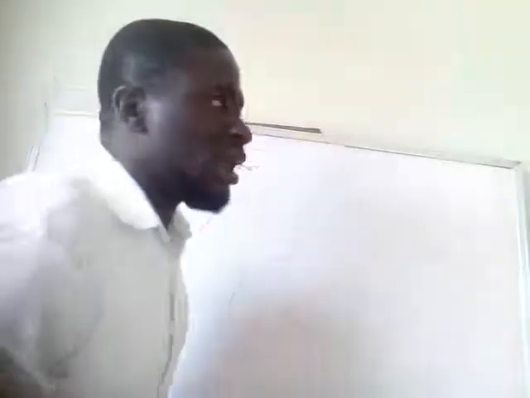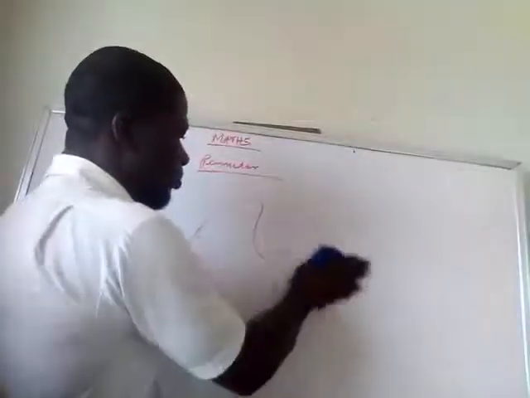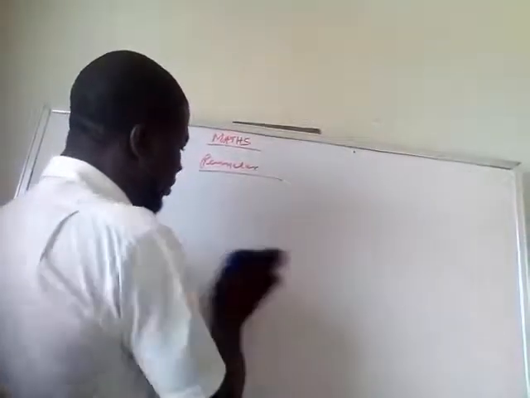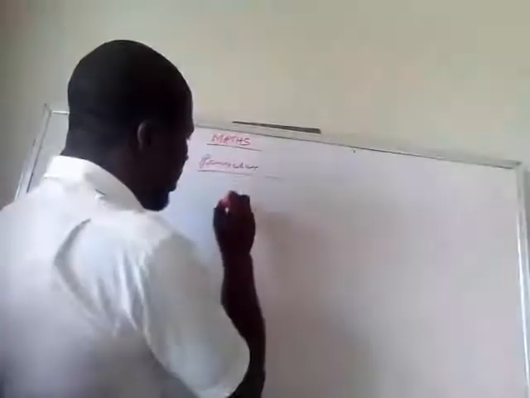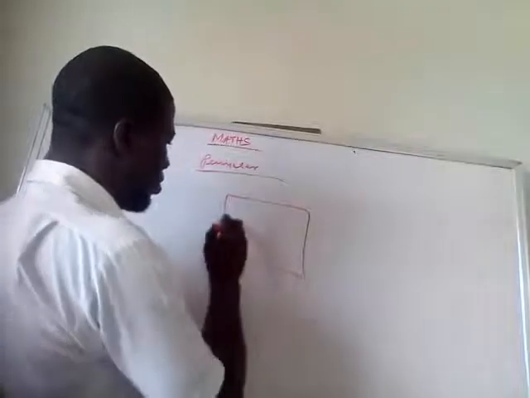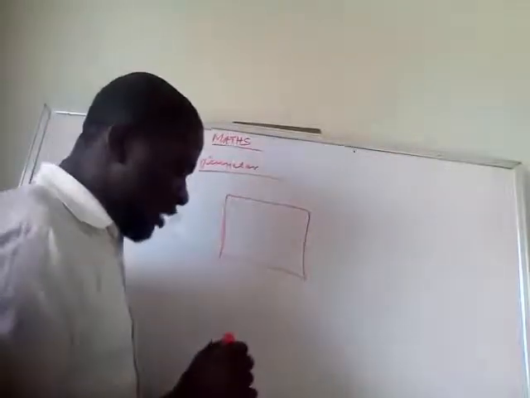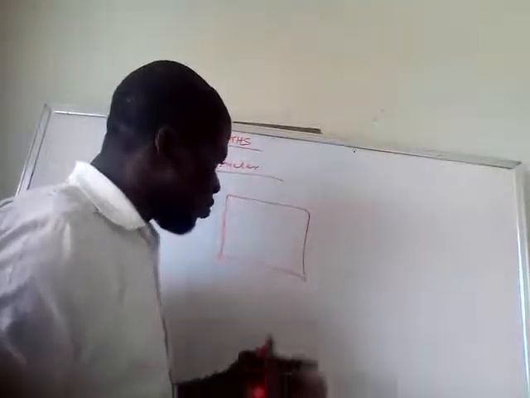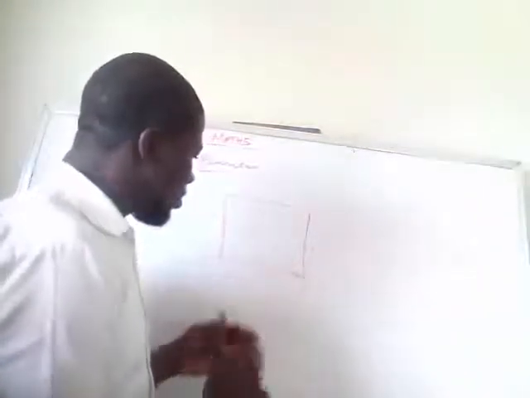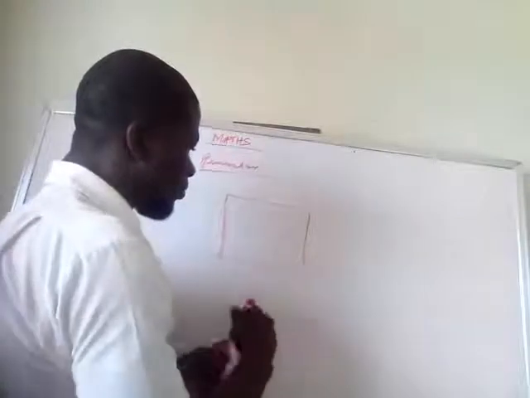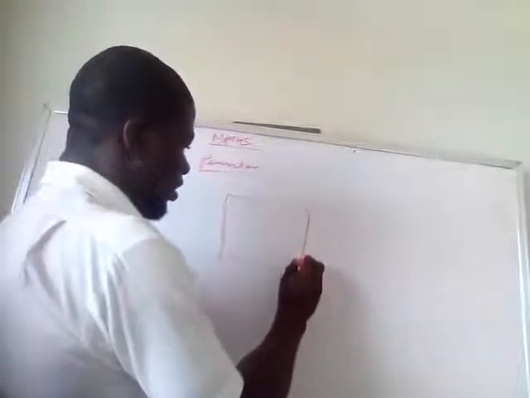But when you are talking about a regular shape, a shape like that of your textbook, it looks like this. Although I didn't measure this, it looks like a rectangle if we arrange it very well, or a square.